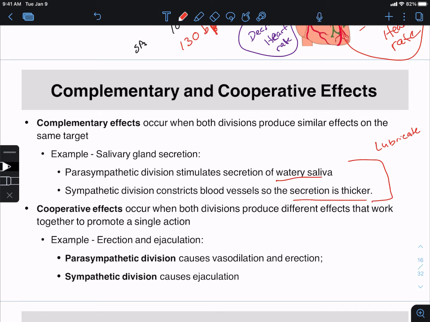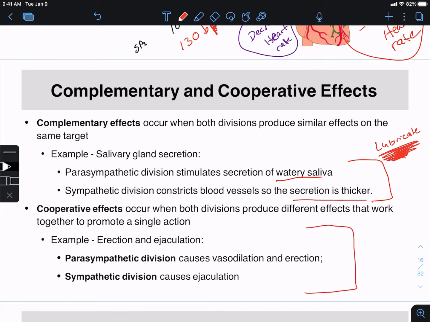Then there's the cooperative effects, similar but different. The cooperative effects work together to meet one end goal, but it's not exactly the same. With complementary, the goal is to lubricate, which is the same.